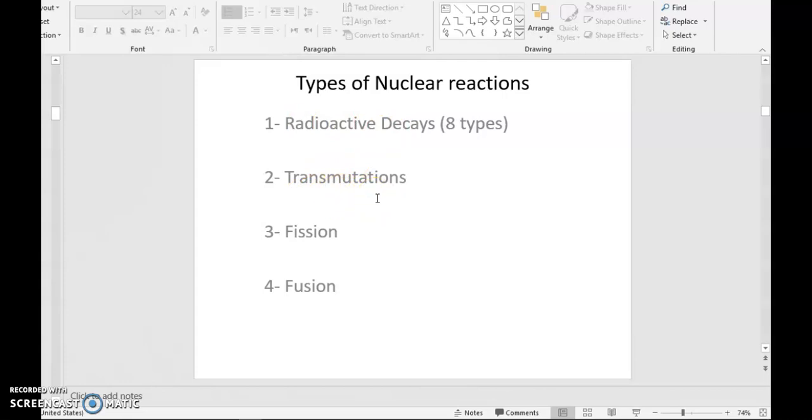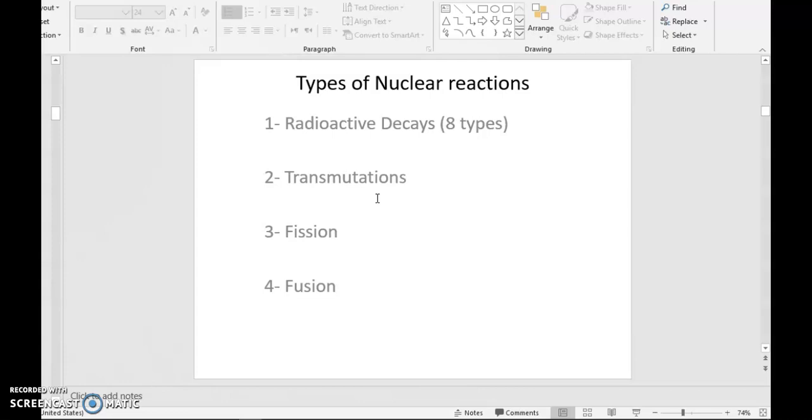The first one is radioactive decay. The word can give you a hint on what's happening in this reaction. Radio is from radiation. Active means it is active in radiation, so it emits radiation.